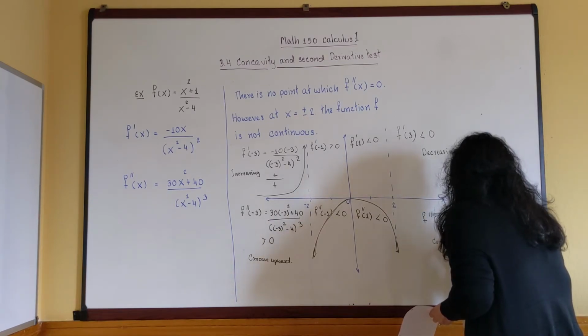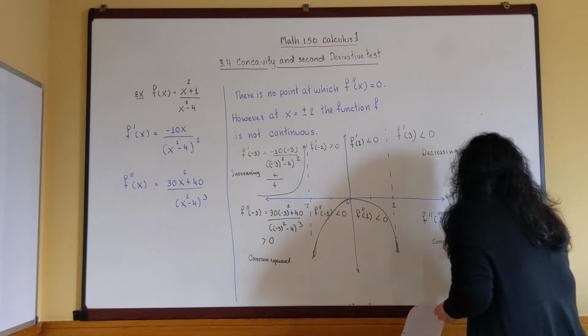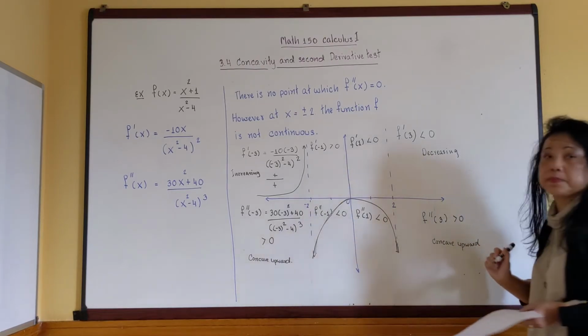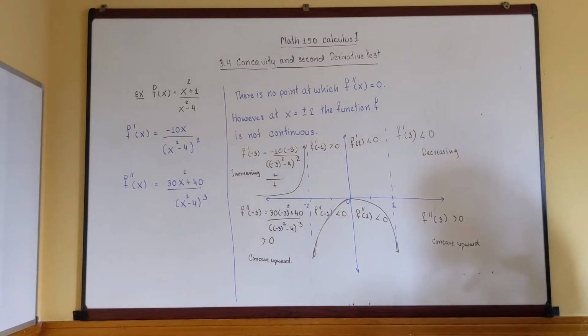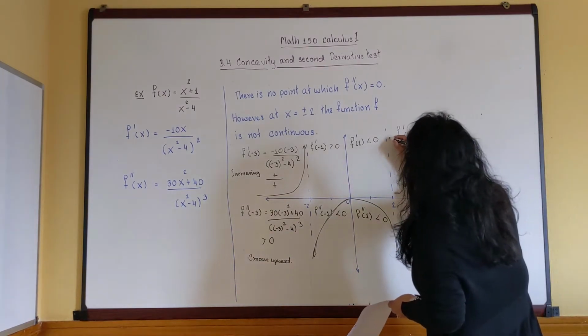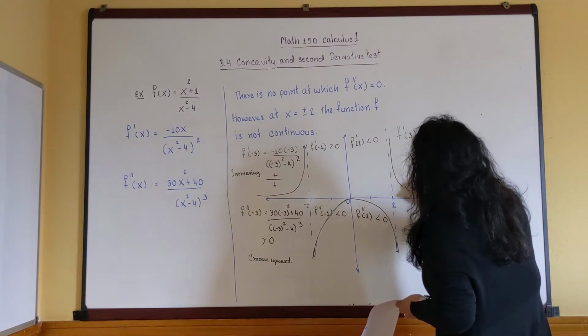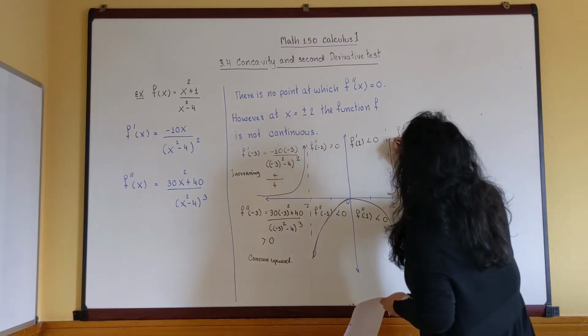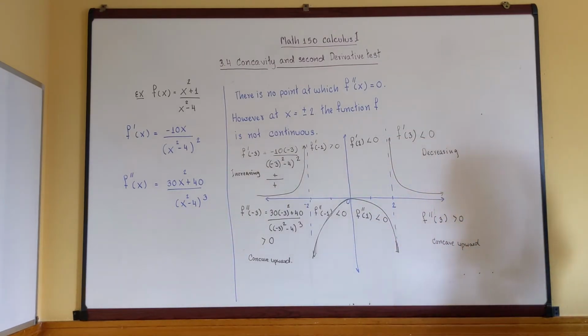So my graph should look something like so. Concave upward and decreasing. Alright, see you next video.